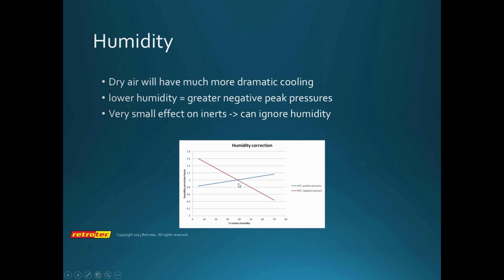And they tend to be the same at around about 40% or so. The reason for that is that when the air is saturated, there's very little flashing. The flashing from liquid to gas is slowed down, and the cooling effect is slowed down, and it's this cooling effect that produces the negative pressure. As far as inerts are concerned, we can ignore the effective humidity. There basically isn't much of one.